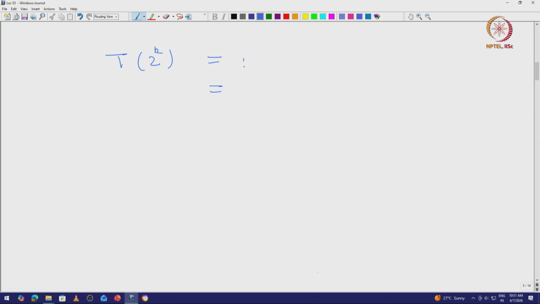So, this is going to be 2 power k T of 2 power k minus k plus 2 power k minus 2 power k minus 1 plus 2 power k minus 2 power k minus 2 plus 2 power k minus 2 plus 2 power k minus 1.